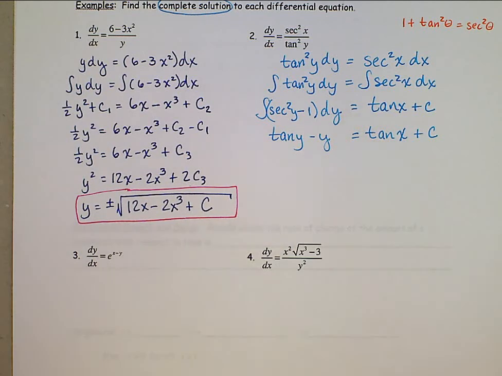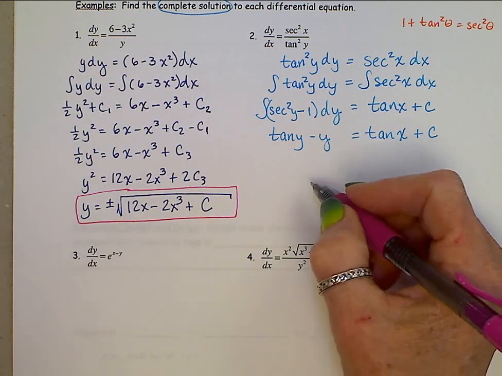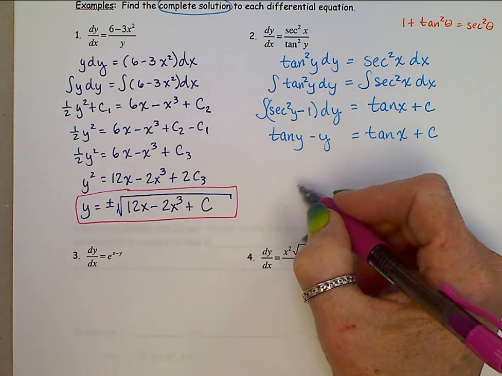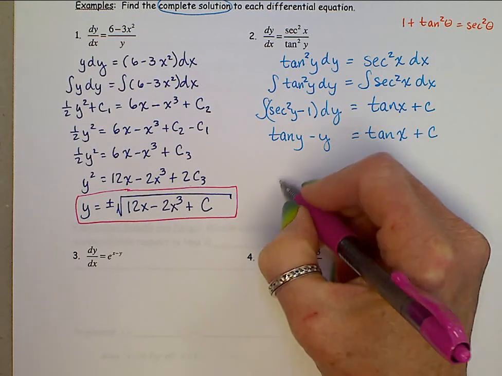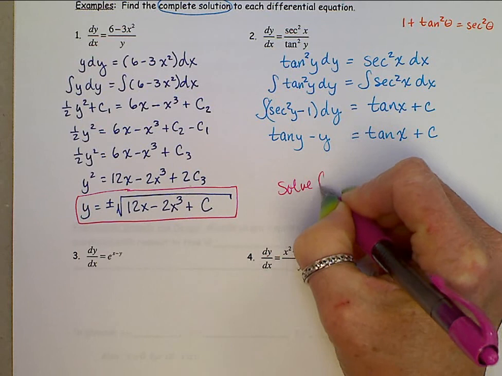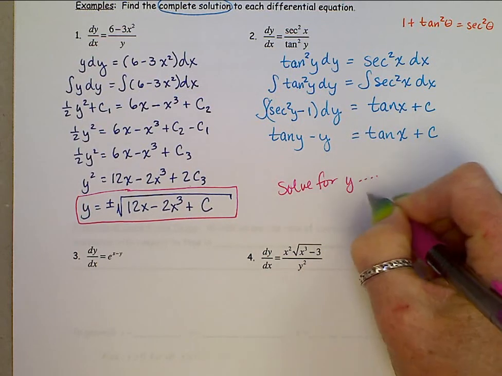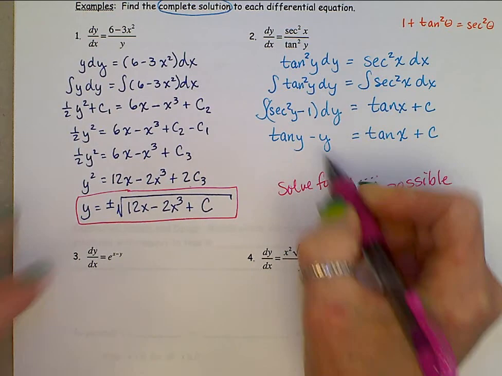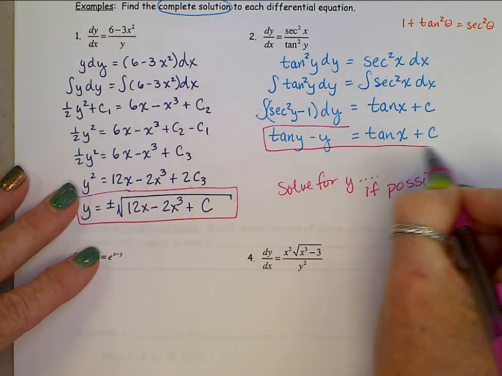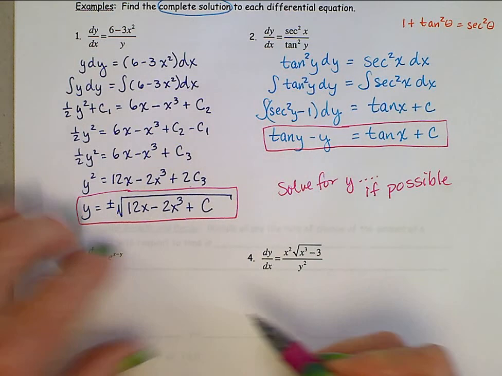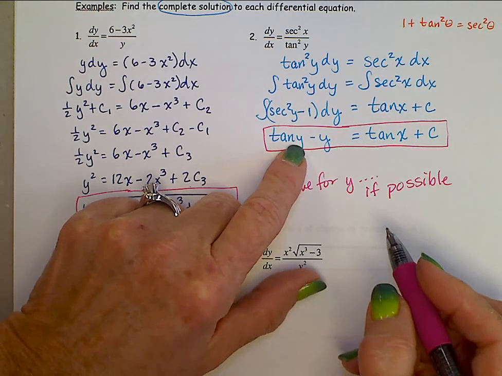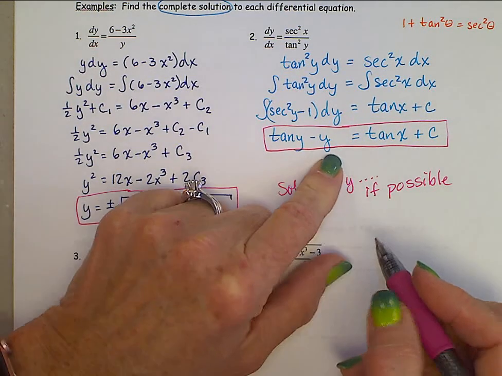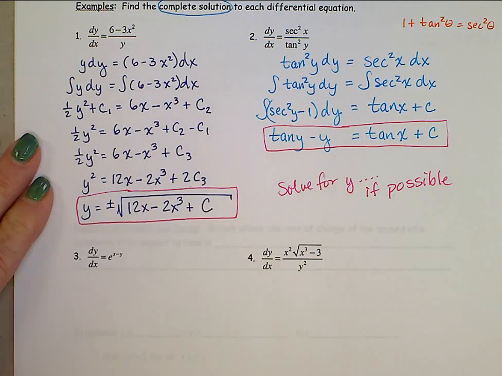Now, the general rule of thumb with these differential equations is to solve for y if possible. In this one right here, it is impossible to solve for y because we have a y on the inside of a trig function and a y outside the trig function. We cannot isolate that y.